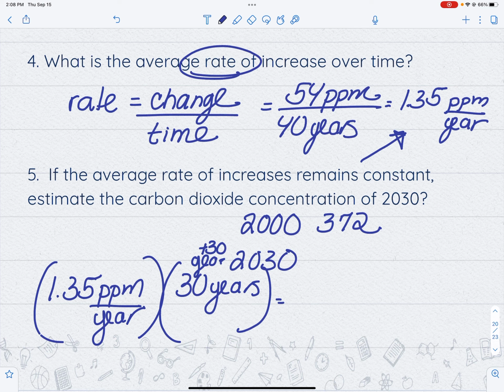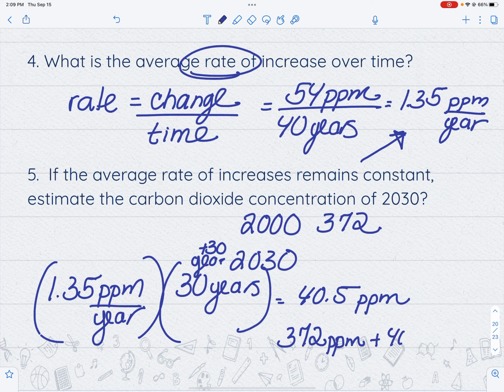When I do that out, I get the number 40.5. The unit of that is ppm, that it would increase 40.5 ppm over these 30 years. So in the year 2000, it starts at 372 ppm.